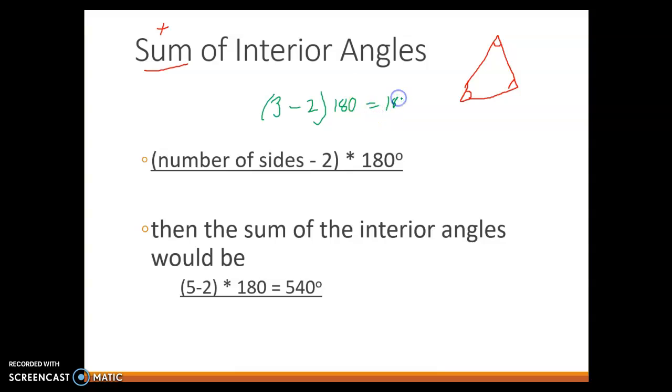And we do know that the interior angles of a triangle add up to 180. If we wanted to find the sum of a different shape, like a pentagon, we would take the number of sides, in this case 5, subtract 2, and multiply all that by 180. And 3 times 180 is 540.